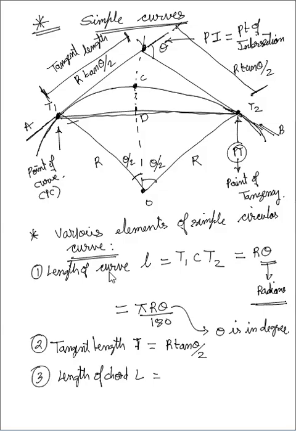This red line from point T1 to point T2 is your long chord. So this distance T1 T2 is equal to 2r sine theta by 2. Again I am writing here, 2r sine theta by 2. So this is the horizontal distance.